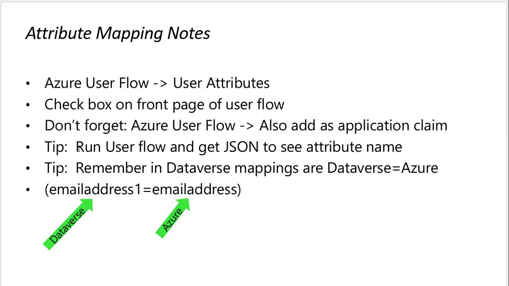A tip here: run the user flow and get the JSON so we can see the attribute name if we create a custom attribute. And we must remember when we're doing our equal statements in Dataverse that there is a protocol here, and that's the Dataverse attribute value equals the attribute value from Azure. If we put them the other way around, they would not get mapped properly.